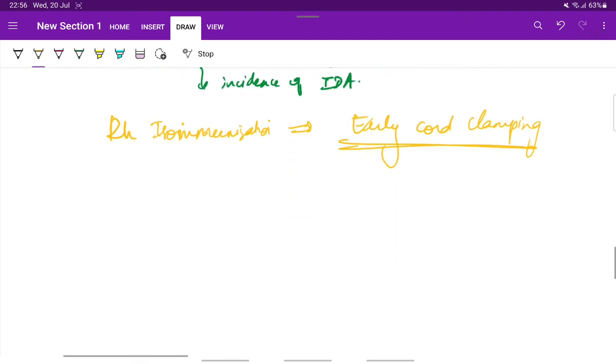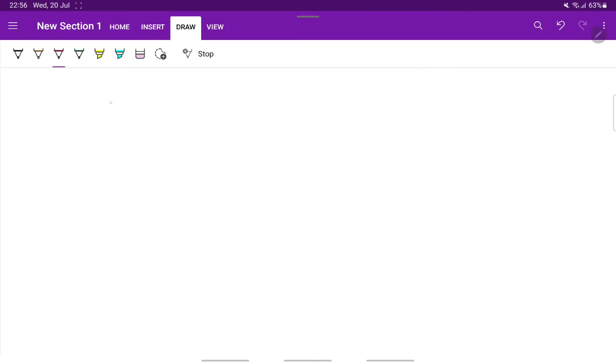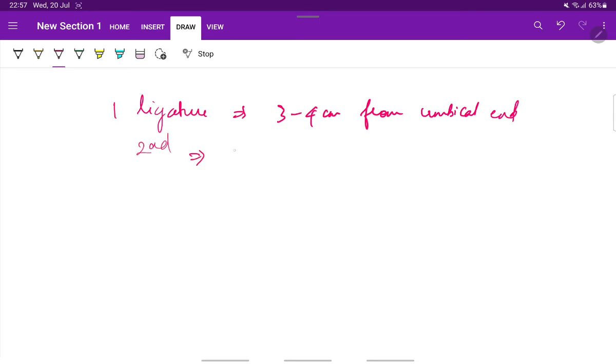And now let us see how to ligate the cord. One ligature should be applied 3 to 4 centimeters from the umbilical end of the cord, and the second ligature is close to the vulval outlet, and then the cord is divided close to the umbilical ligature.